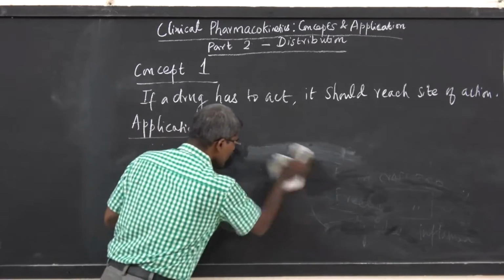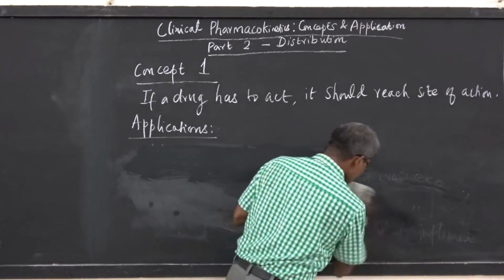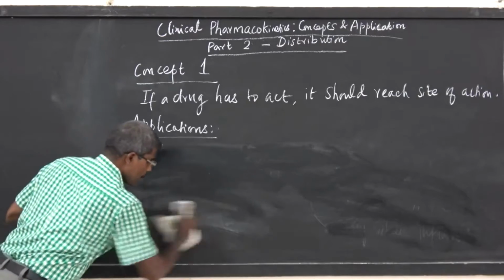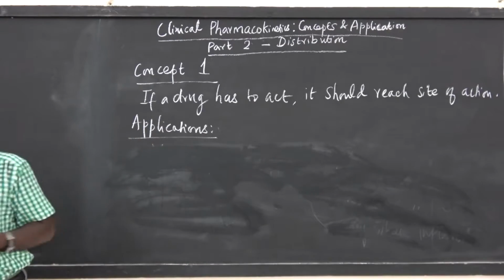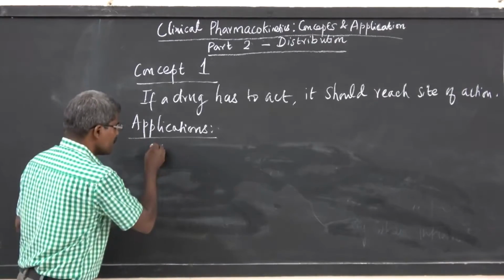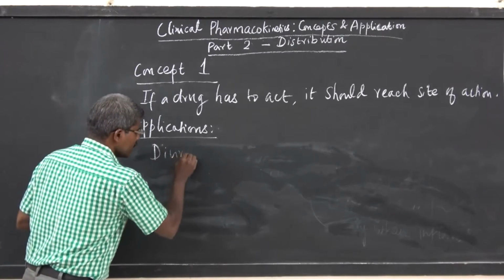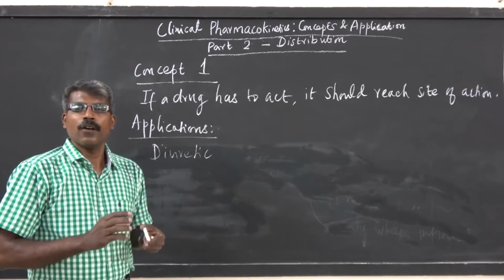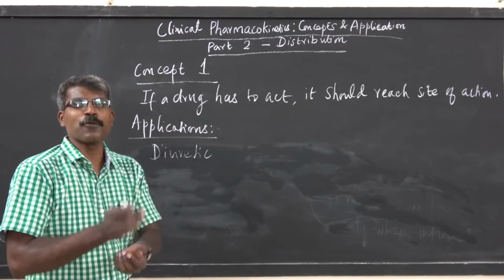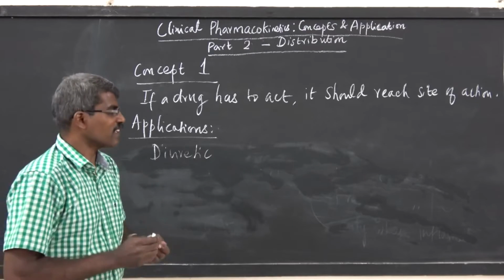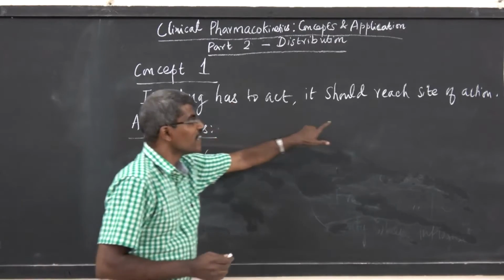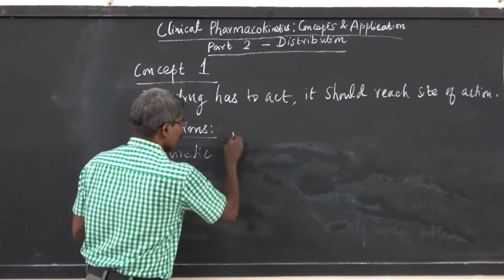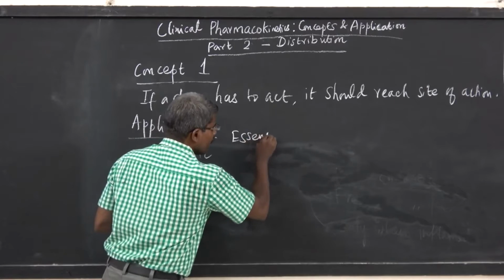Let's again apply the same principle: what should be the essential pharmacokinetic parameter for a diuretic to act? Again, we have said if a drug has to act, it has to reach the site of action. What should be the essential PK parameter for a diuretic?